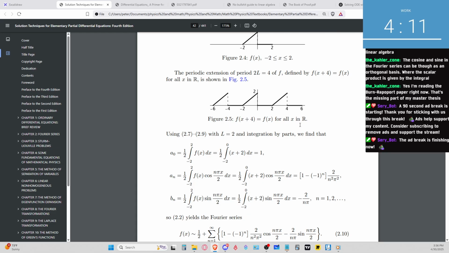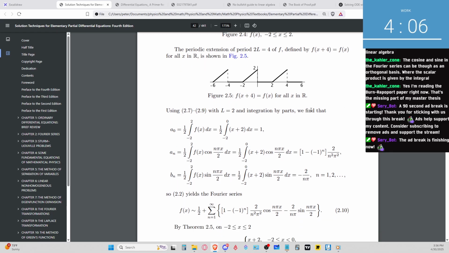So x plus 4 is equal to f of x for all x. Okay, so we're actually given examples now.